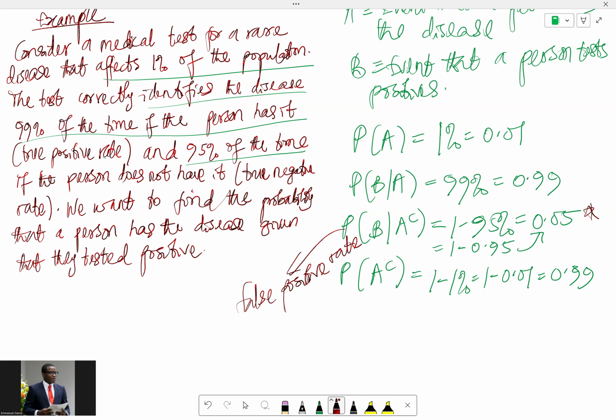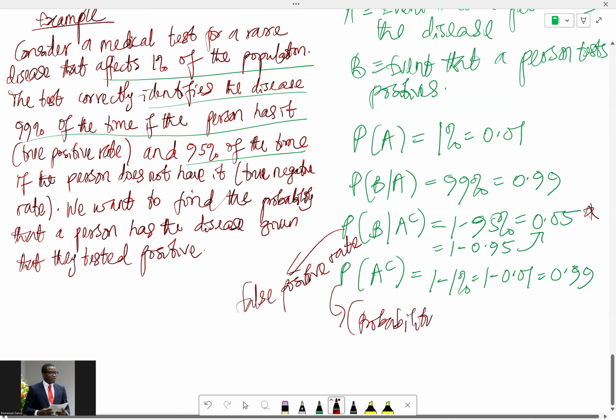So in that case, that is false positive, and that will be 1 minus 95%. The false negative would be 1 minus 99%. With all of this in place, this is the probability of not having the disease, because only 1% of the population has it.